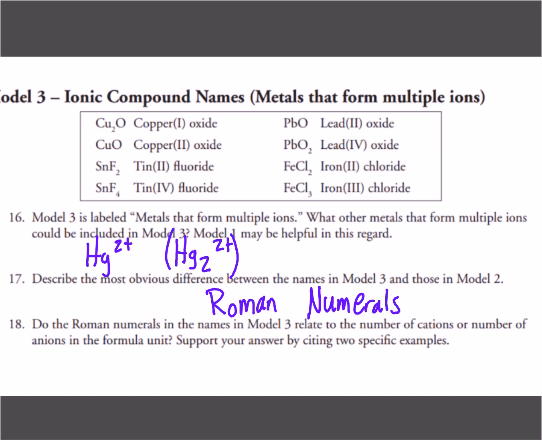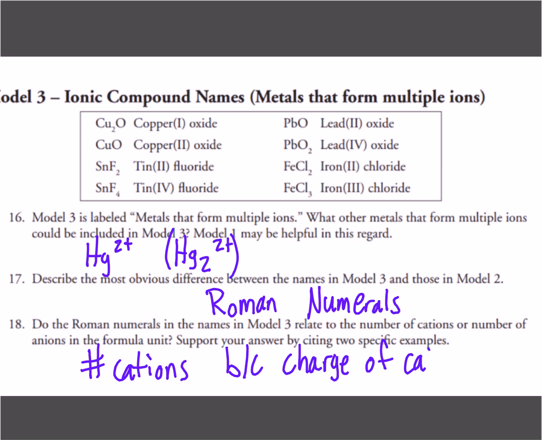All right. They're actually, guys, going to relate to the cations. Because what that is, guys, it's telling us the charge of the cation. Okay? It's the charge of the cation.